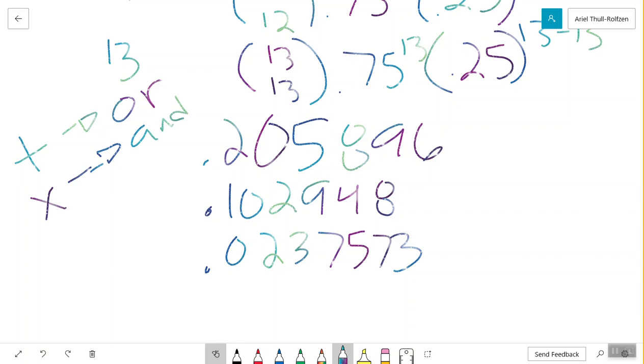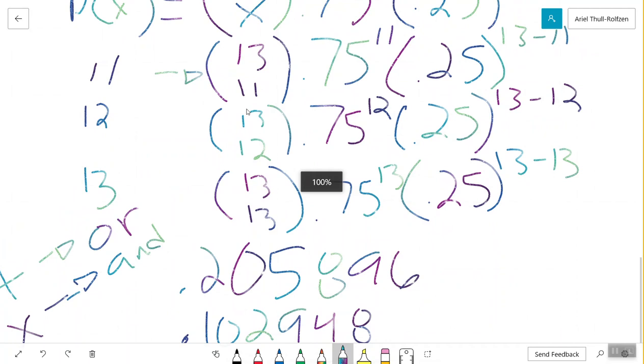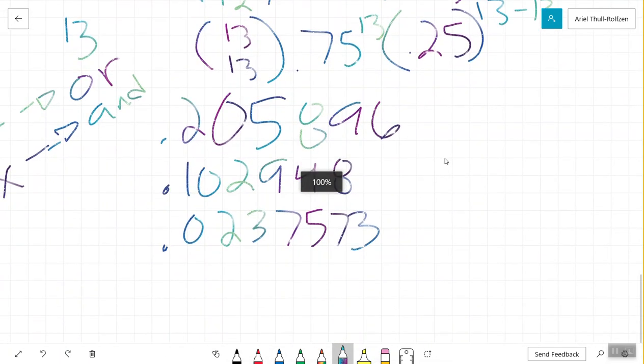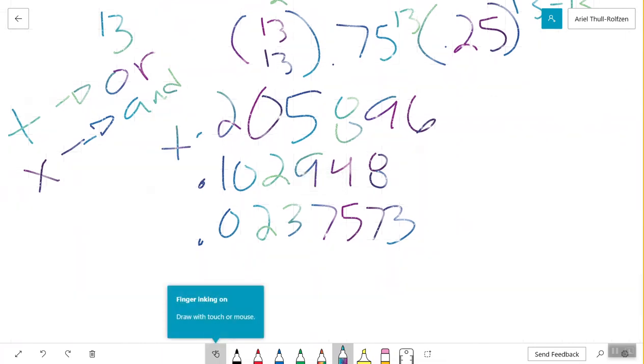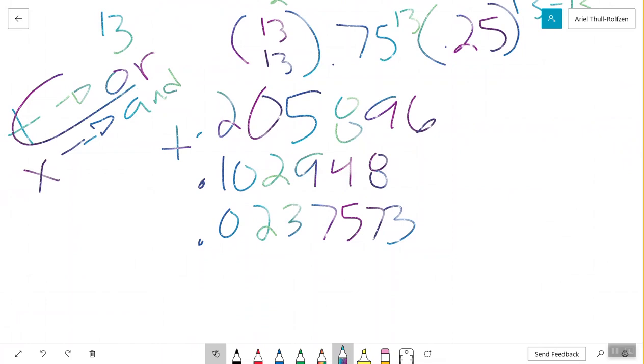So for this problem, I can't have 11 and 12 and 13 people show up, but I can have 11 or 12 or 13 people show up for me to have to compensate. So what that tells me is that I'm going to be adding, because when there's OR, I'm adding.